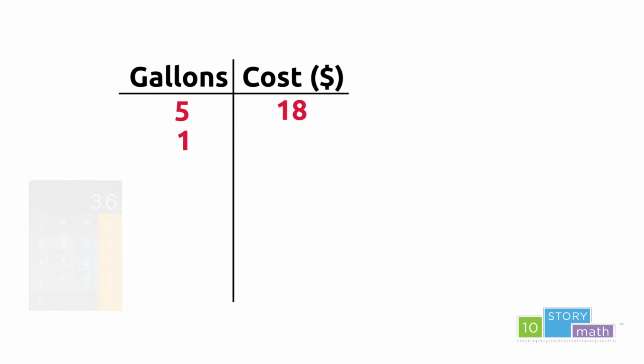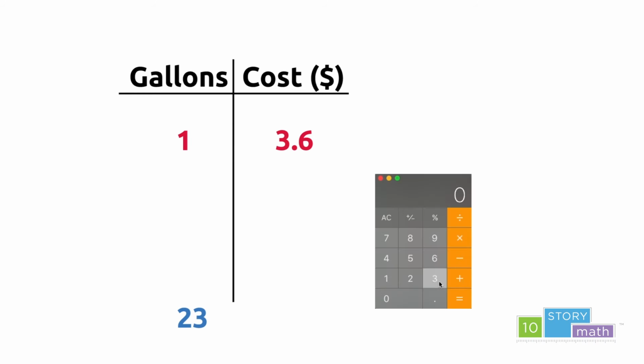We can add that into our table. And now we could think about the best approach to reach our target of 23 gallons. We could add 1 gallon at a time. Every time we add a gallon, we need to add $3.6, or $3.60. Keep repeating this process until reaching 23 gallons.